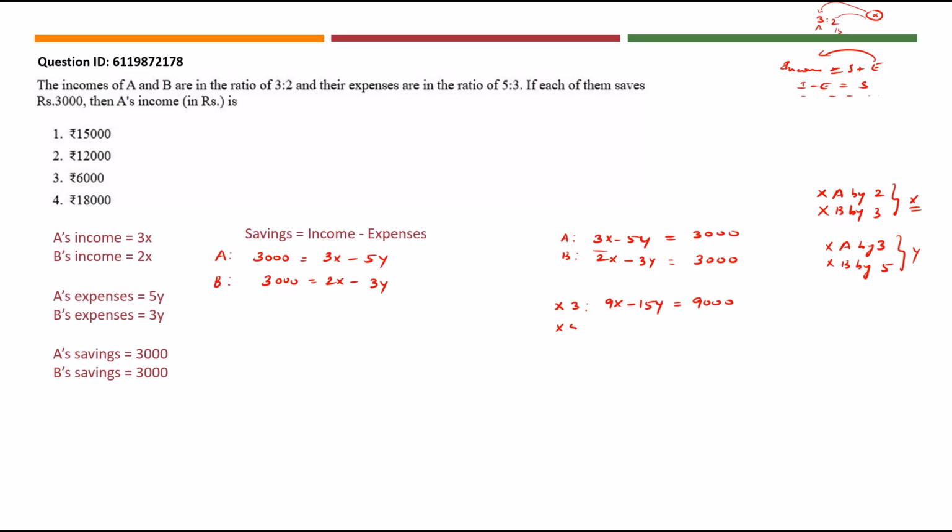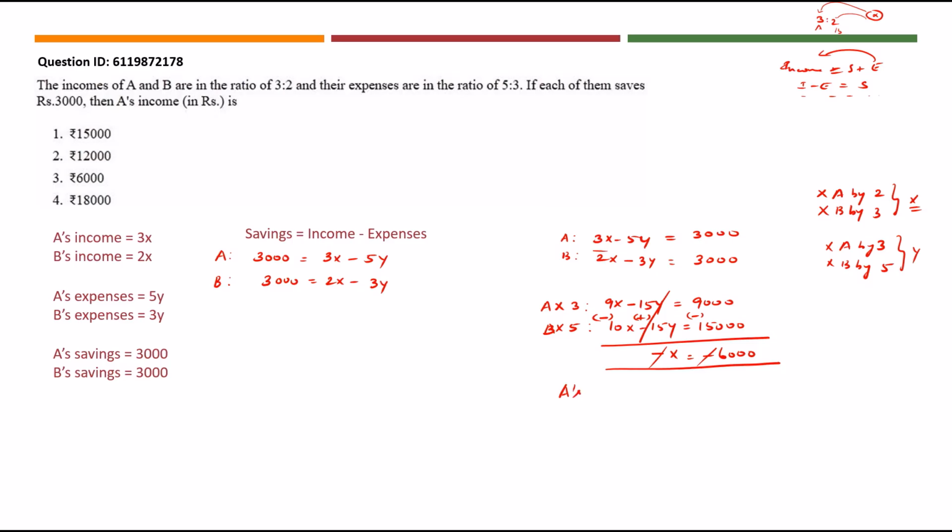We have to multiply B by 5, so this is A into 3 and this is B into 5. 2 5s are 10 and then we have 15y again and this will be 15,000. We have to change signs. So we will have minus here, this will become plus and this will become minus. So these two terms will get cancelled. This is minus x is equal to minus 6000. Minus and minus will be cancelled now.